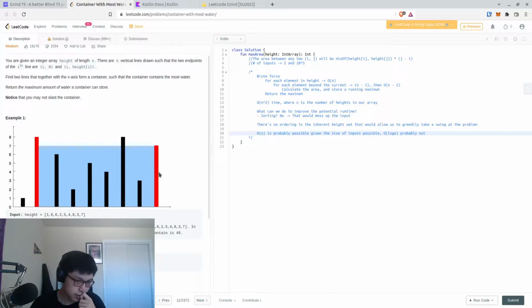Well, if we start at each end, we can calculate the input here at this layer. We can calculate the area at this layer. We can compare it to this layer, but again, that greedy approach doesn't really take us anywhere, does it?